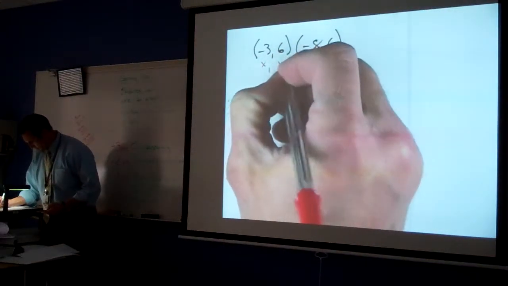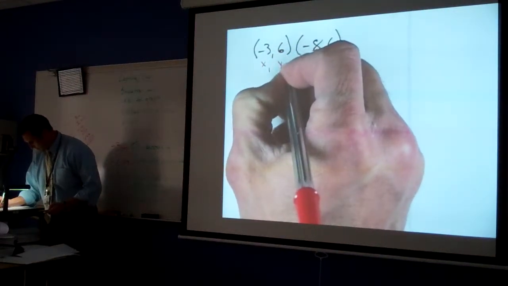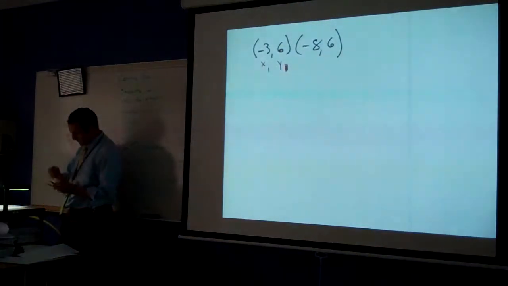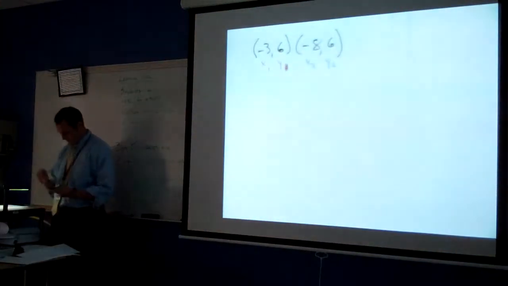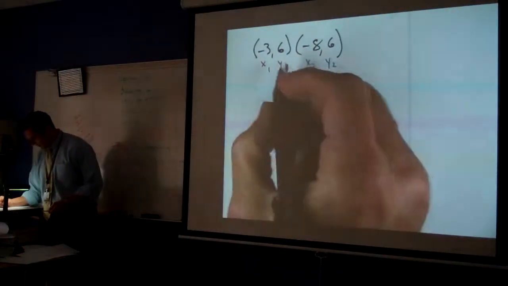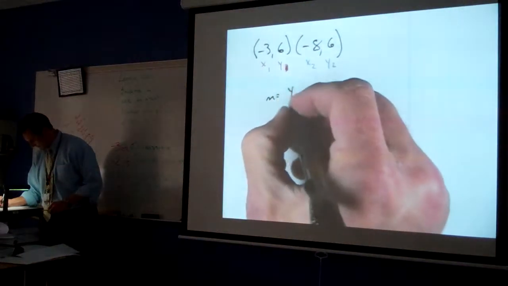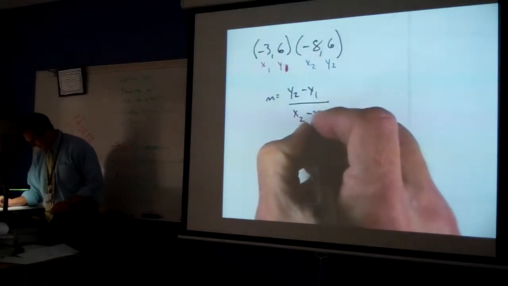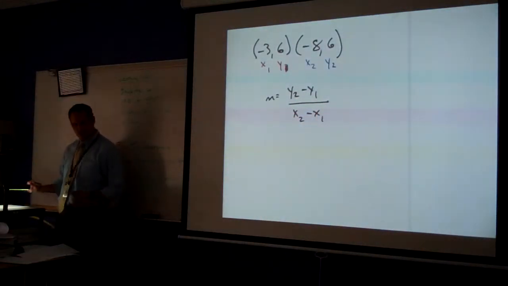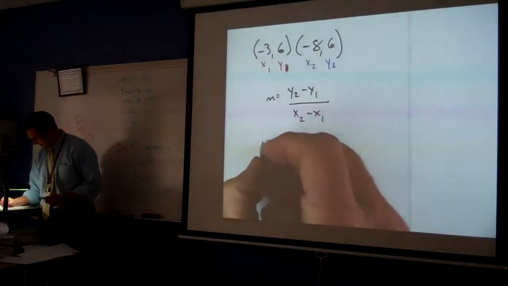So just as usual, we label our points. Make sure you label them correctly. x1, y1, and x2, y2. Recall your slope formula correctly. The change in y over the change in x. Substitute your values correctly.